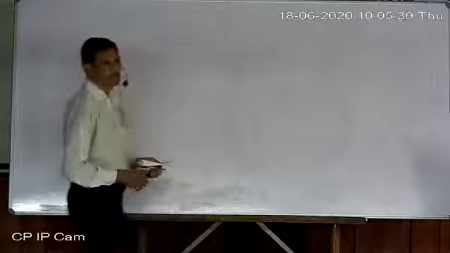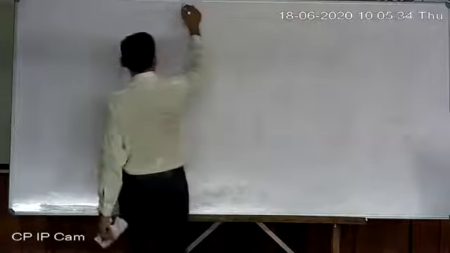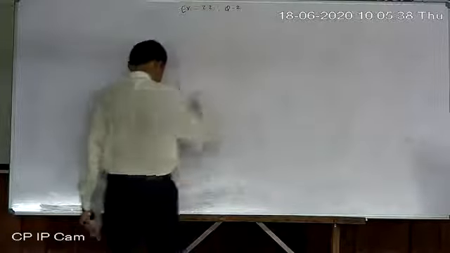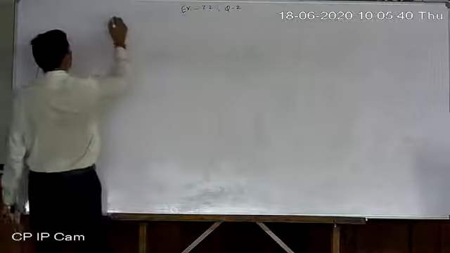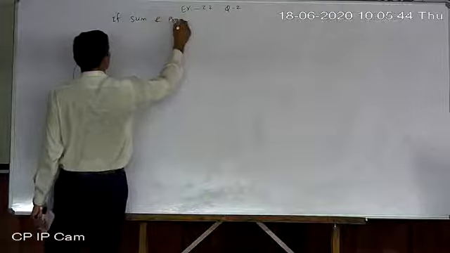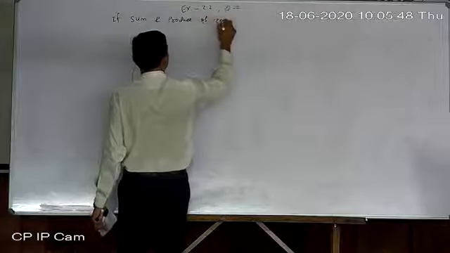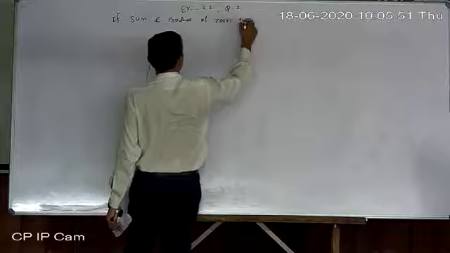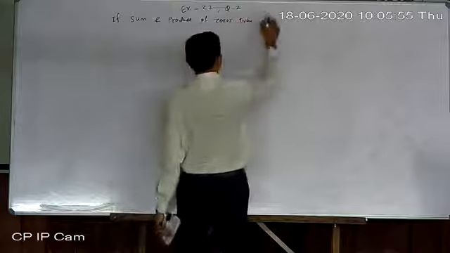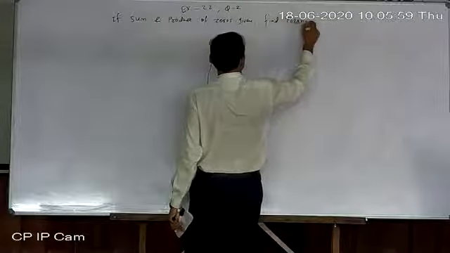Now, it is in exercise 2.2, question number 2. If the sum and product of zeros are given, then find the polynomial.